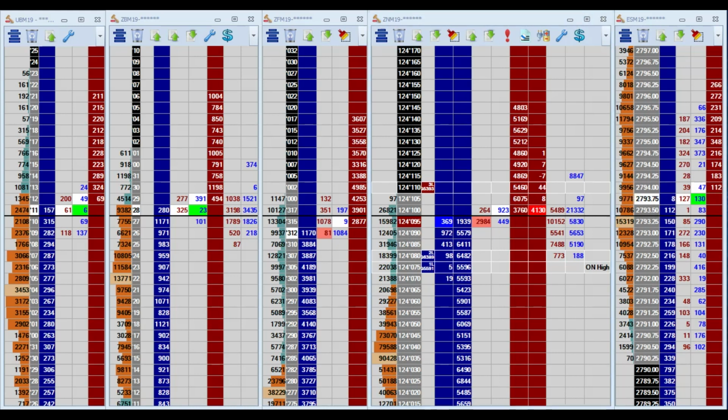Could try to build it all the way up to another 2 or 4 lot. So Ultra Bond's still ticking up.